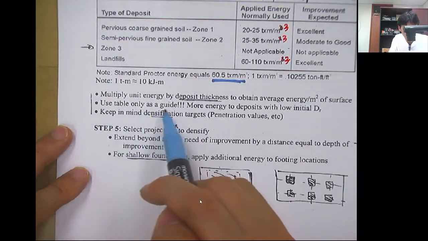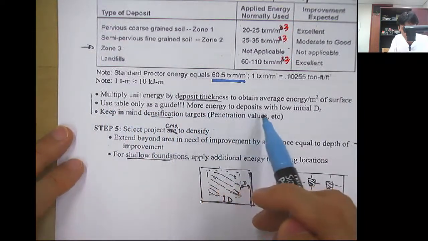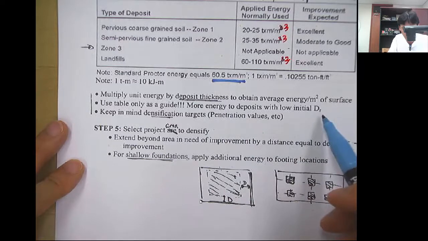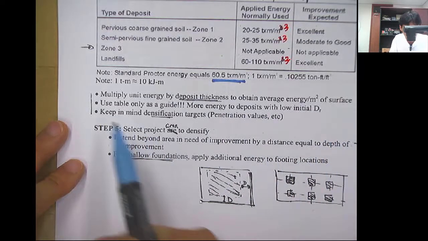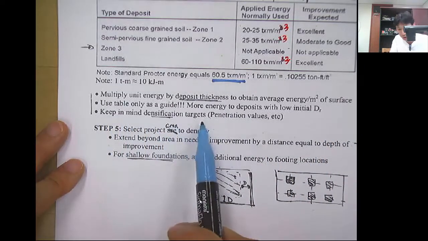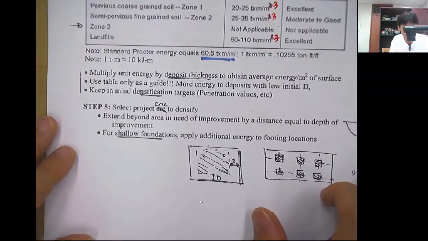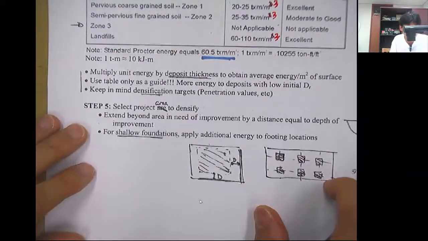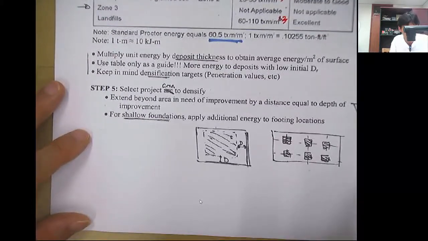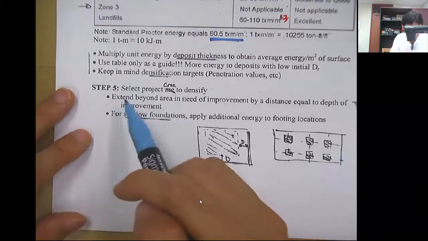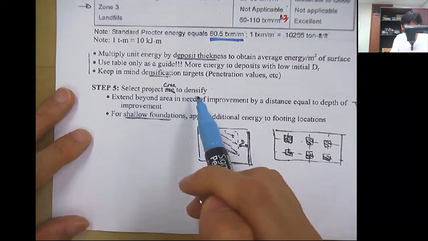Use this table only as a guide, and use more energy to deposit with a low initial relative density. And also you have to keep in mind the densification target and penetration values, the SPT values and CPT values. Then the next step is to select the project area.